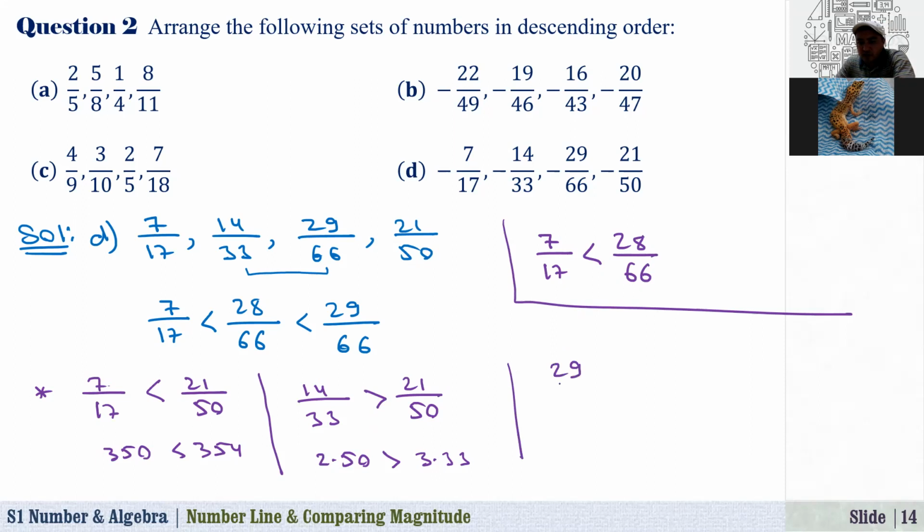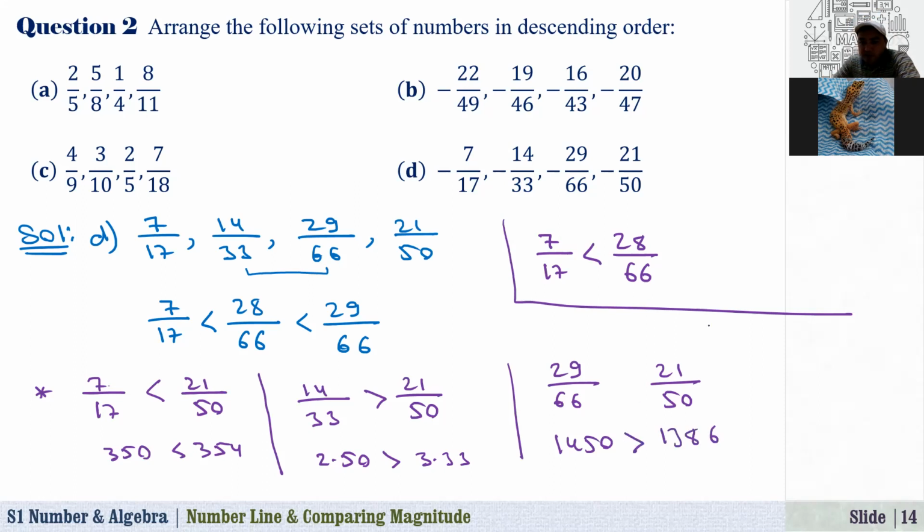So if you compare these two things, 29 over 66 and 21 over 50, again, cross multiply: 29 times 50 is 1450. 21 times 66 is 1386.